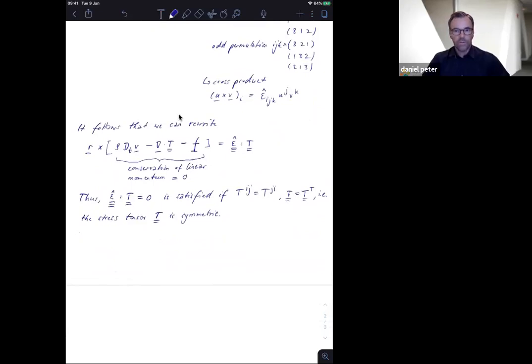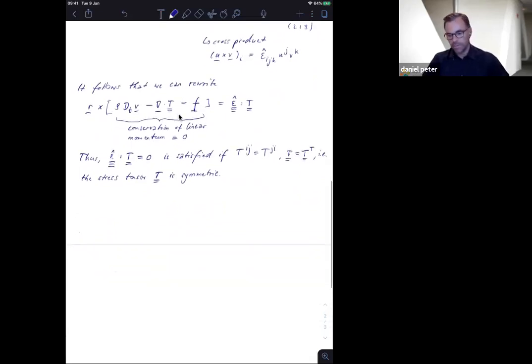So it comes down to a very simple rule in the conservation of angular momentum. It just leads to the symmetric stress tensor.